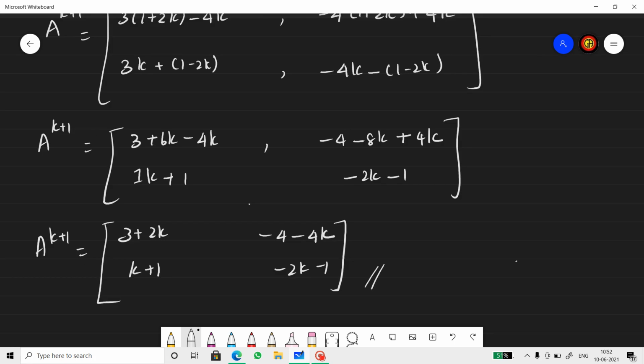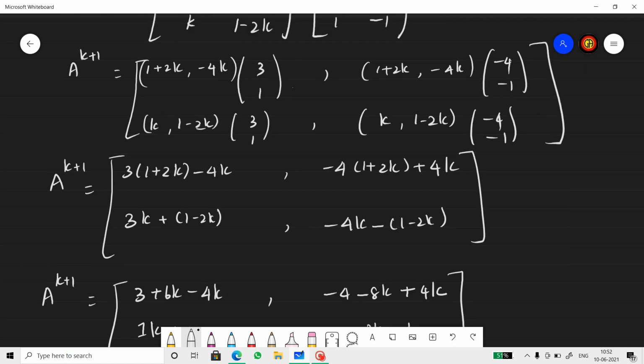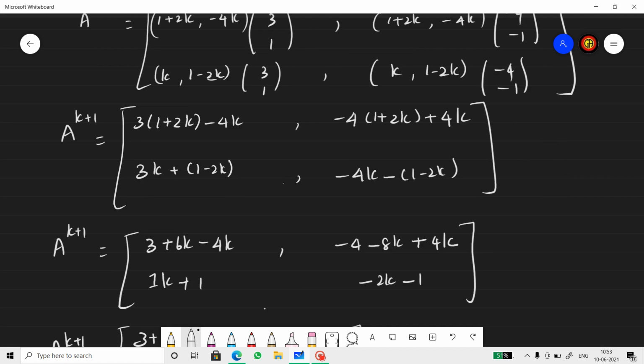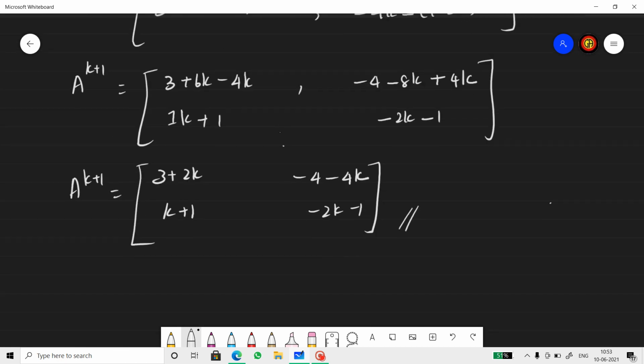Let's see whether we are getting what we are supposed to get. A power k, this is what we are supposed to get: 3 plus 2k, minus 4 minus 4k, minus 4, k plus 1 and minus 1 minus 2k. And I think we are absolutely getting that. Right? Yes. So hence we proved the first one.